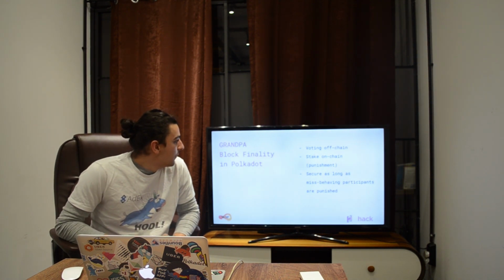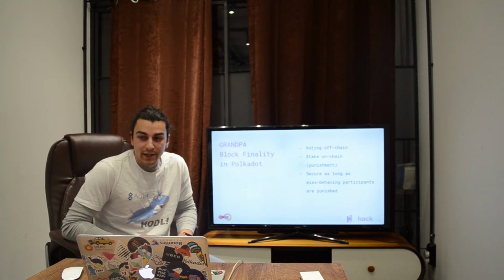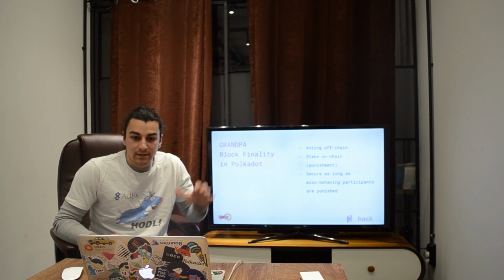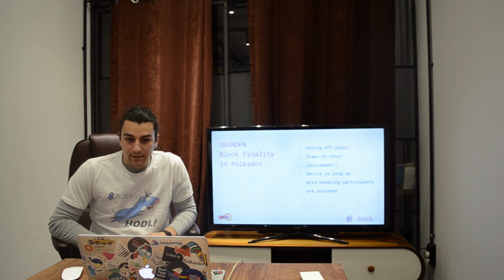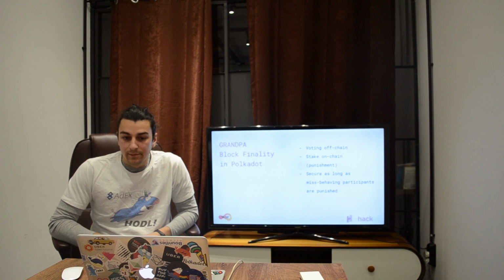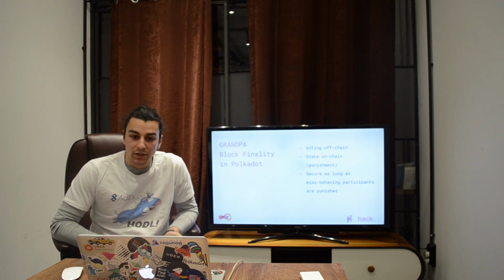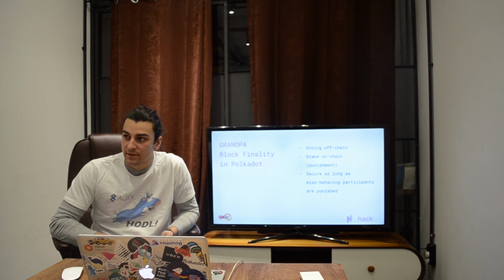So participants are staked on-chain. Every node, every validator puts their stake on-chain, and this way, conflicting proofs will lead to them being punished if they are misbehaving or double voting or stuff like this.